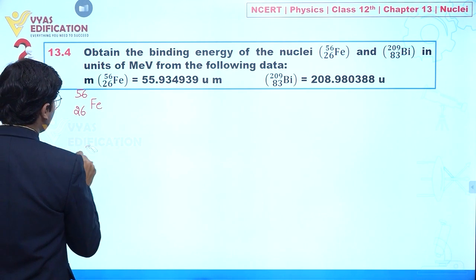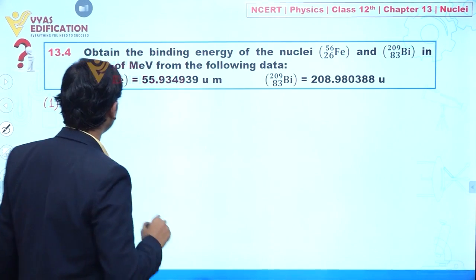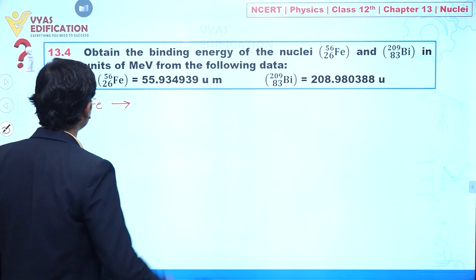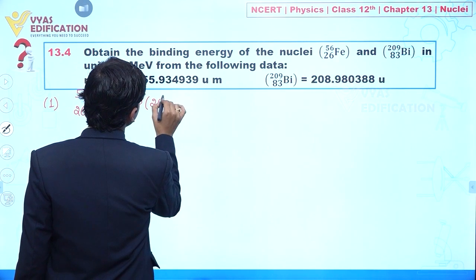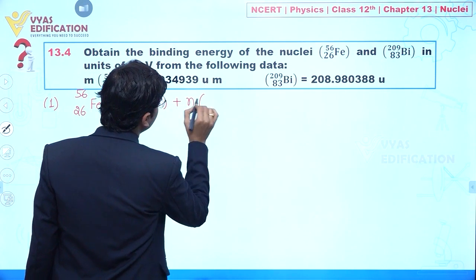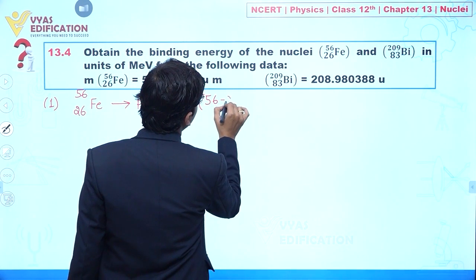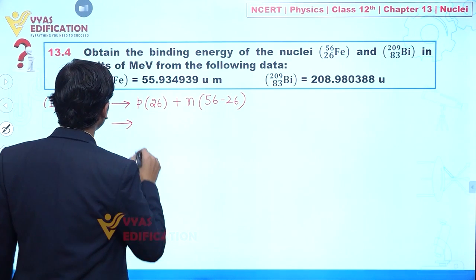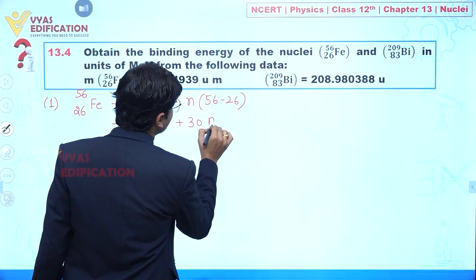Now can you tell me the number of protons and neutrons in this nucleus? Directly you can say protons = 26, and neutrons = 56 minus 26. So in the nucleus of iron we have a total of 26 protons plus 30 neutrons, clear.